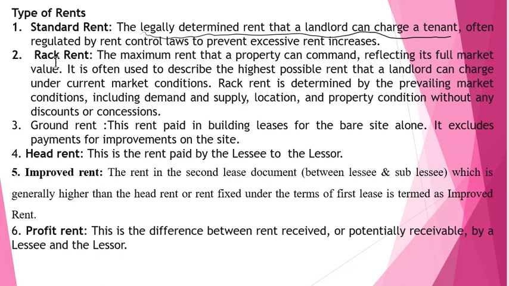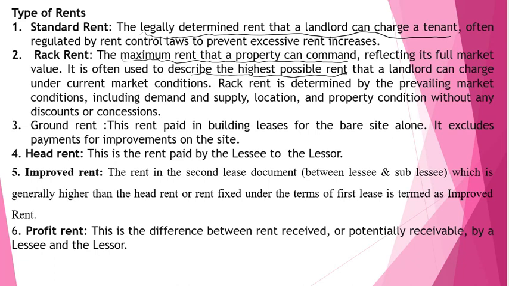Then next is rack rent. This is the maximum rent that a property can command, reflecting its full market value. It is often used to describe the highest possible rent. Basically, it is the highest possible rent that a landlord can charge under current market conditions.